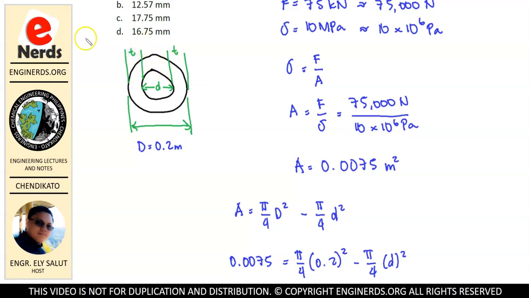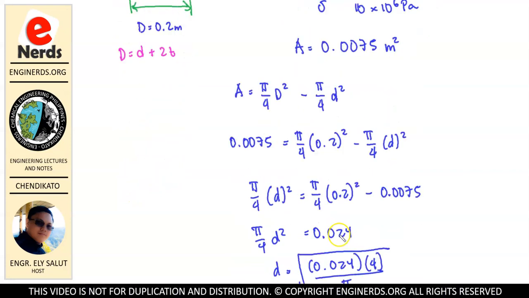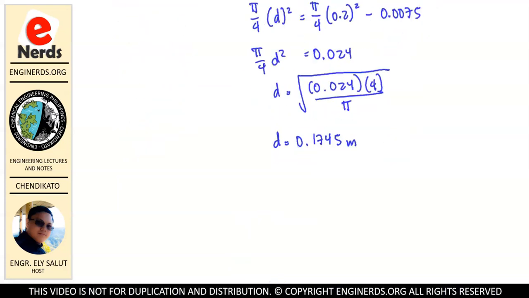This is also thickness. So that means our D, yung big D, is equal to small d plus 2t. Diba? So, dahil alam na natin yung malaking d at maliit na d, makukuha na natin yung thickness, no? So, let's write that here. D is equal to small d plus 2t.